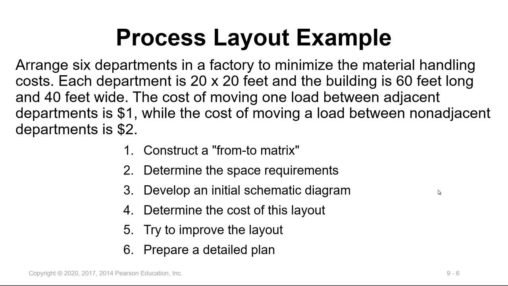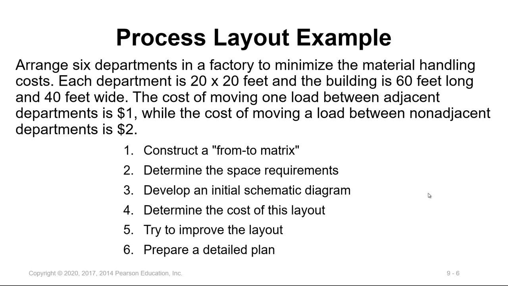We need to arrange 6 departments in a factory to minimize the material handling costs. Each department is 20 by 20 feet and the building is 60 by 40 feet. The cost of moving one load between adjacent departments is $1, while the cost of moving loads between non-adjacent departments is $2.